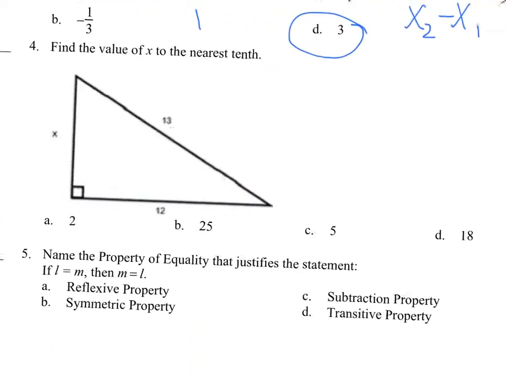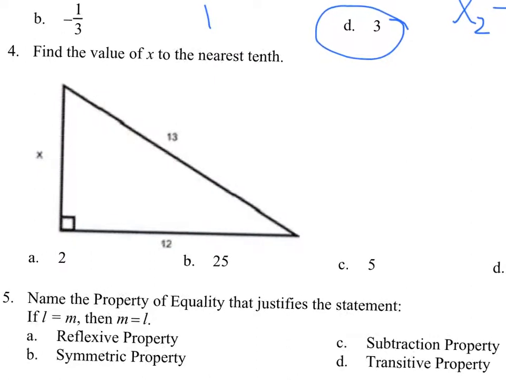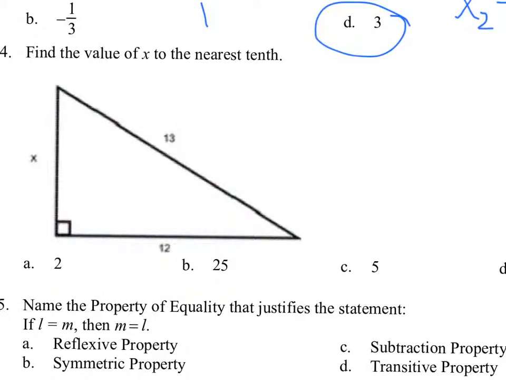Number 4, it says to find the value to the nearest tenth. What we have here is a right triangle. It helps that it's a right triangle because we can find a missing side of a right triangle by using the Pythagorean theorem. So x squared plus 12 squared equals 13 squared.